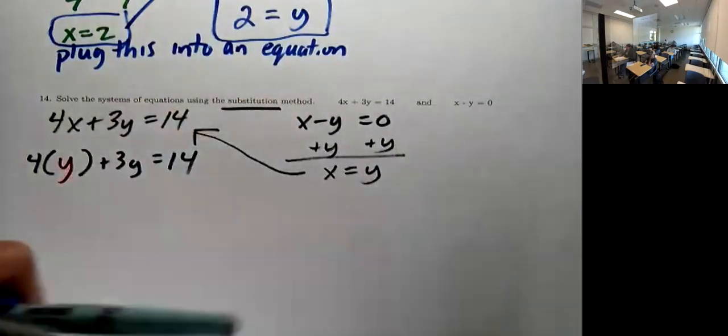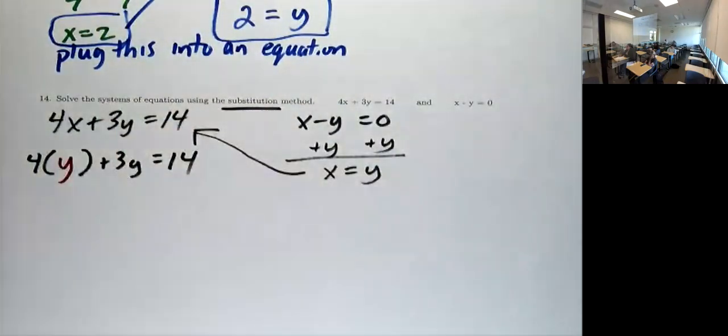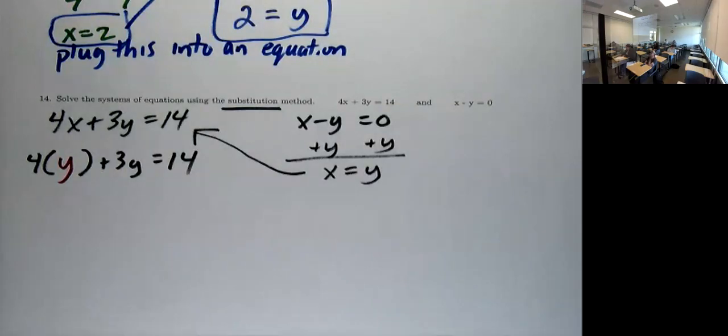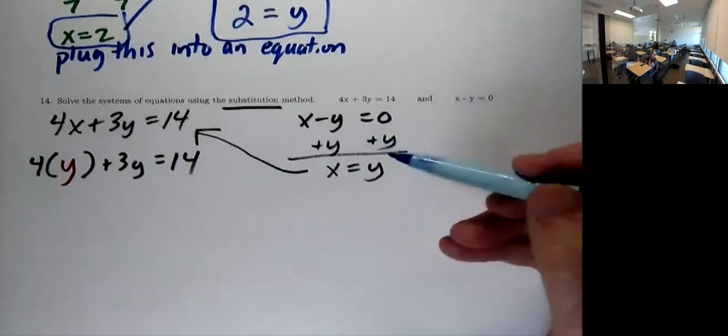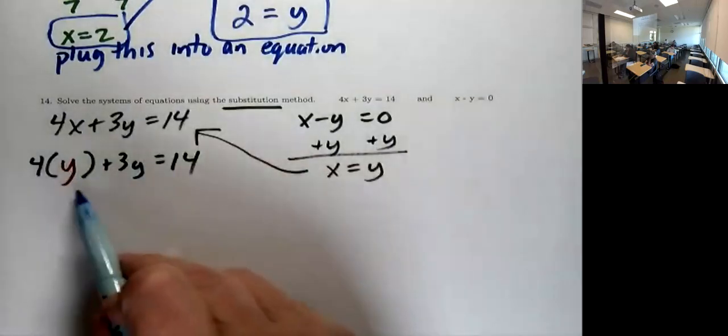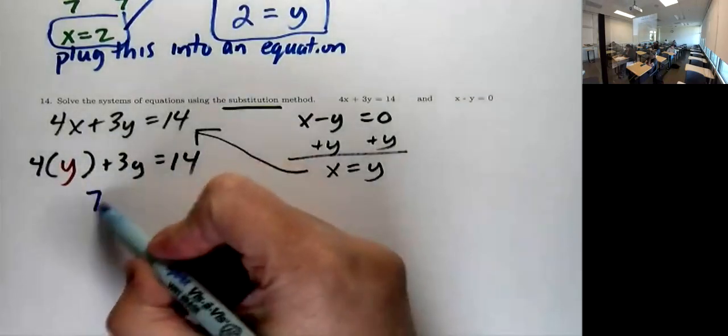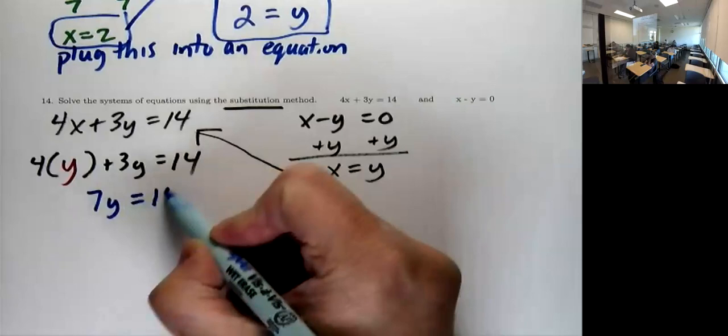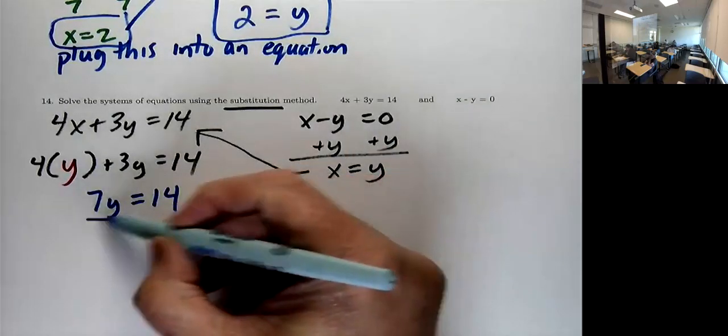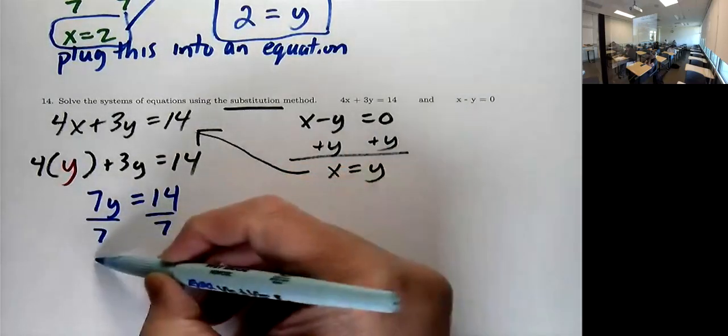Sometimes it's 6y, sometimes it's 1/3 y, but in this case, it was exactly y. I've got 4y plus 3y. When I add them together, I get 7y equals 14. And I divide by 7 and I get y equals 2.